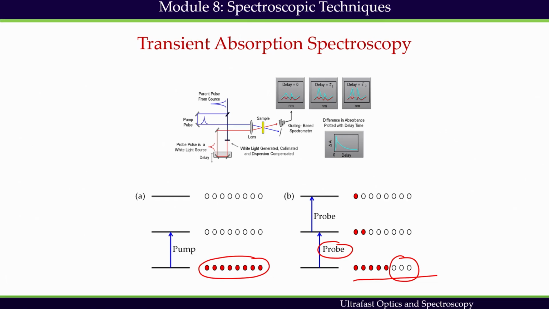On the other hand, if the probe pulse is in resonance with an allowed high lying excited state, like the one here, a gain in the absorption may appear, because this absorption will occur only when I have a population in the excited state, and that can be created with the pump pulse only. So many processes may be involved in the transient absorption spectrum.